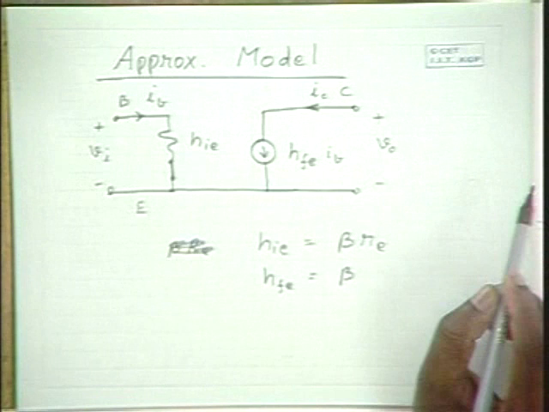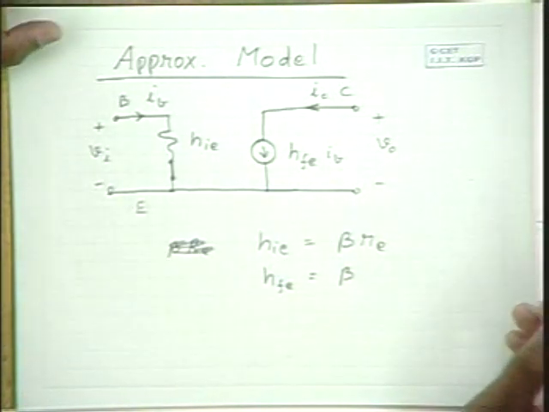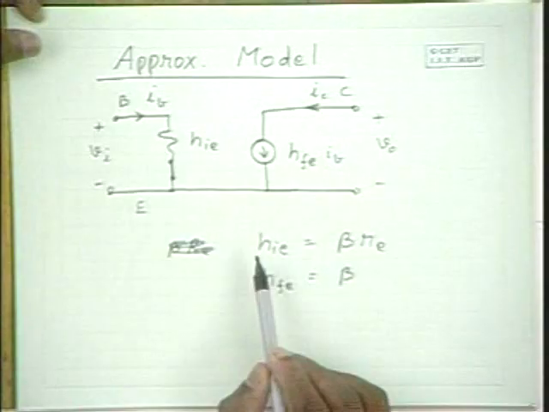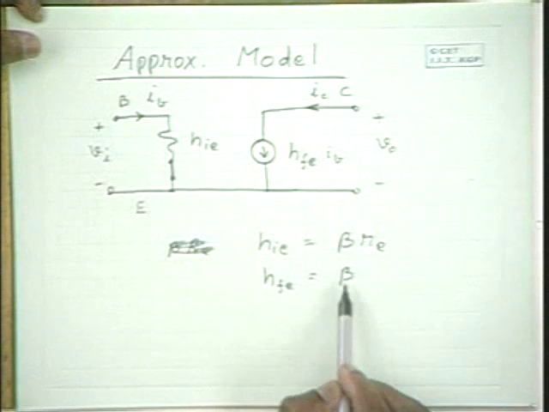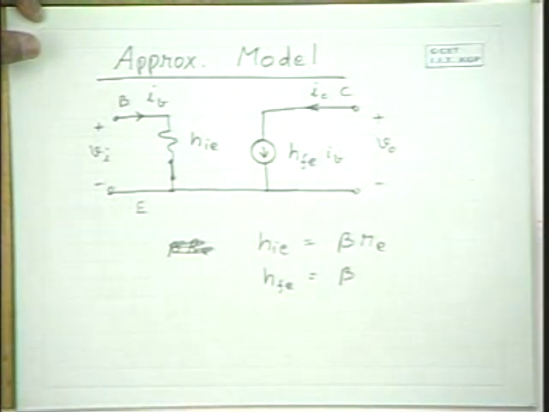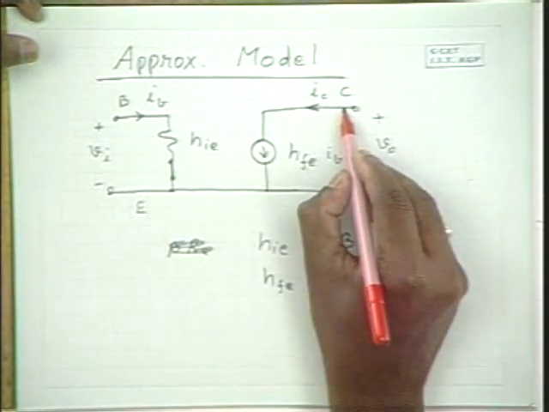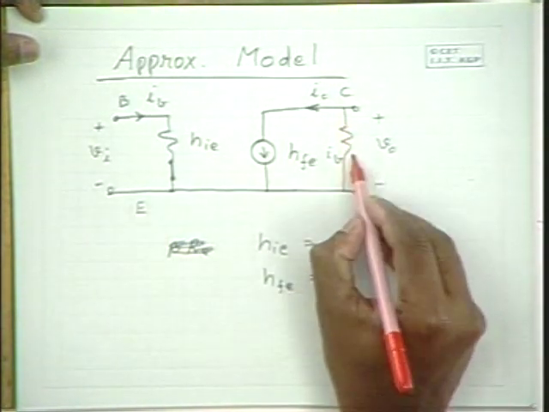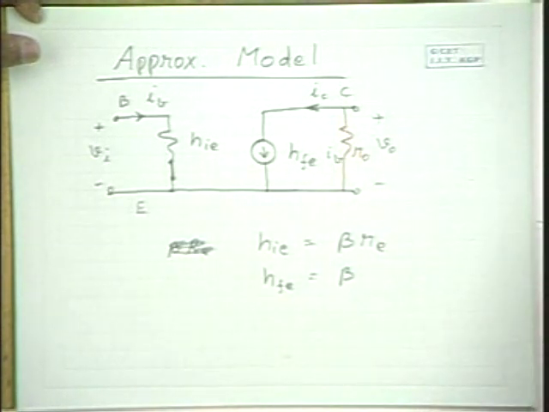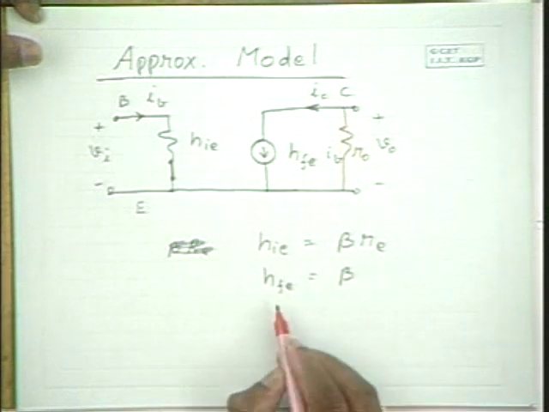So this H parameter model is the same as the RE model. So whatever analysis we carried out for the RE model, the same thing can be used for the H parameter model also, but by replacing beta RE by HIE and beta by HFE. Now please note that the accurate RE model has a small R0 included. So what is this R0 now?